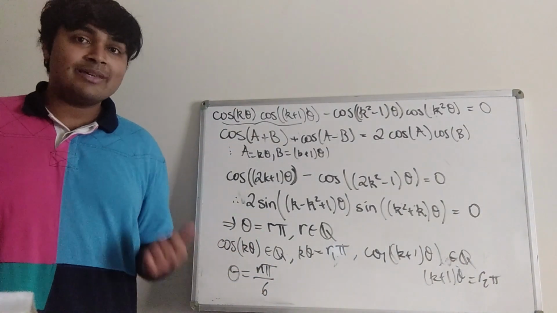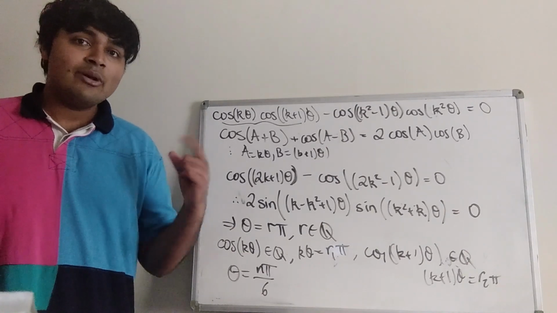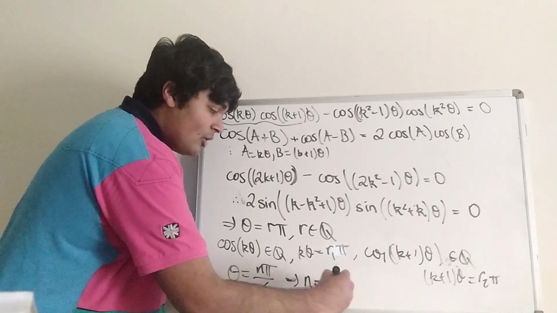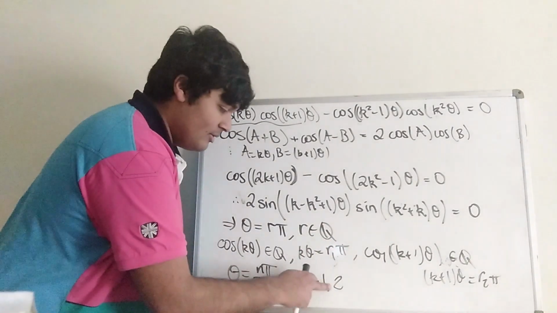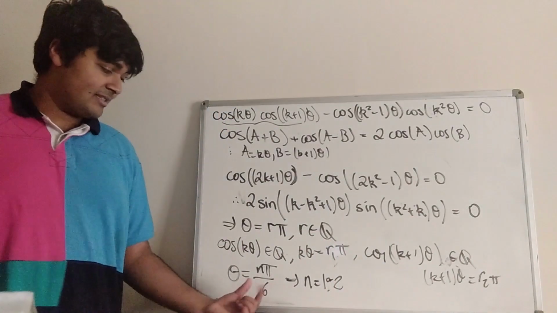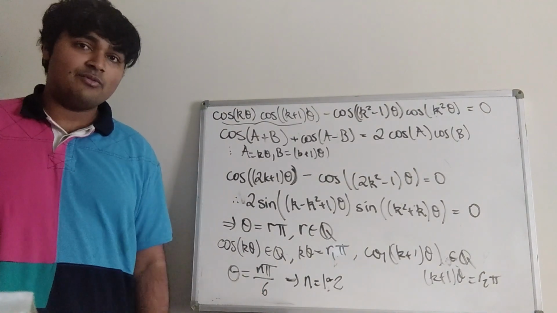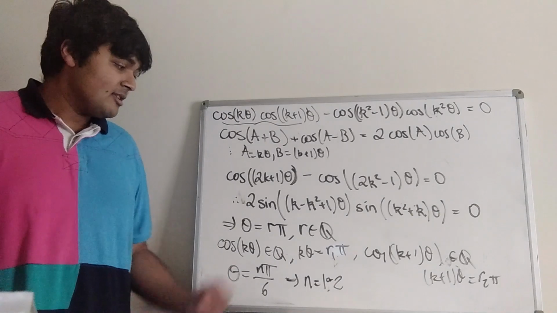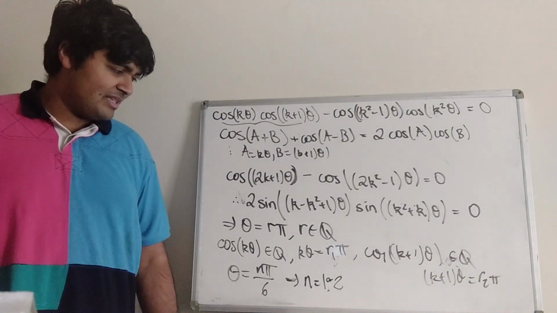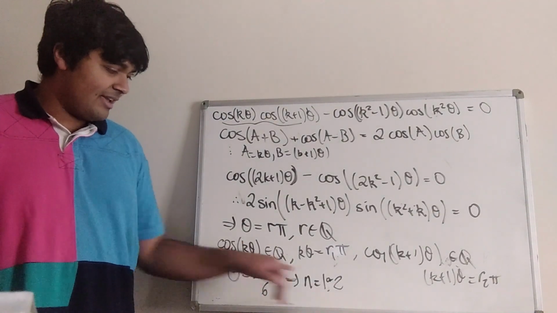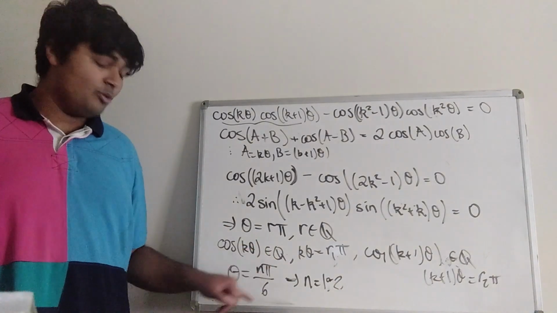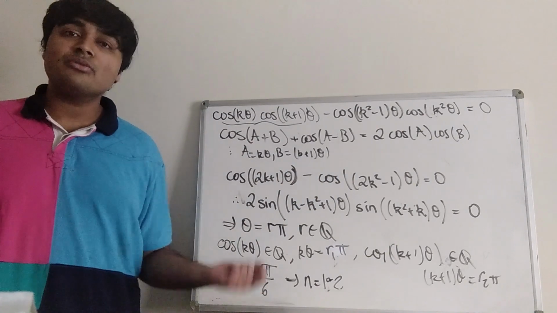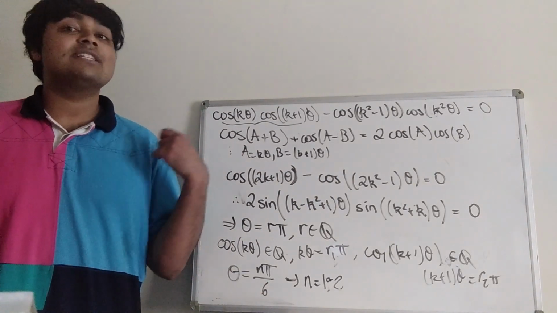But remember, we're assuming that theta is strictly between 0 and pi over 2, so that means that n is either equal to 1 or n is equal to 2. Because if n is 3, then we get 3 pi over 6, which is pi over 2, and that's not in the range because we're excluding the boundaries. The way we differentiate between the two is notice that if n was 2, this thing here is 2 pi over 6, which is pi over 3, which is 60 degrees, and cosine of 60 degrees is a half, which is rational.